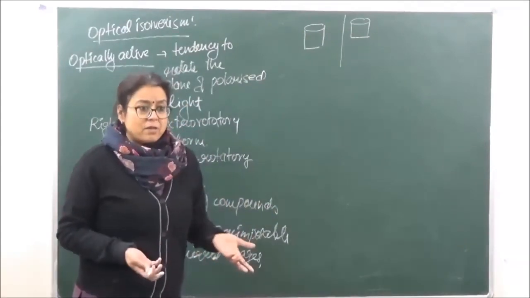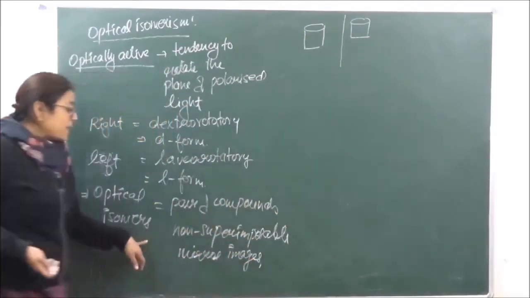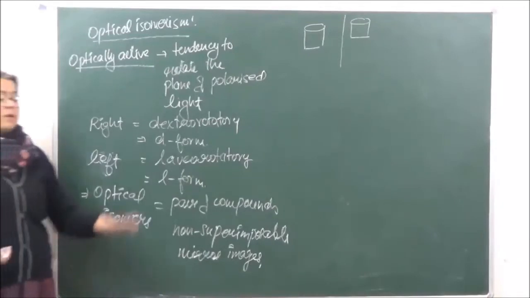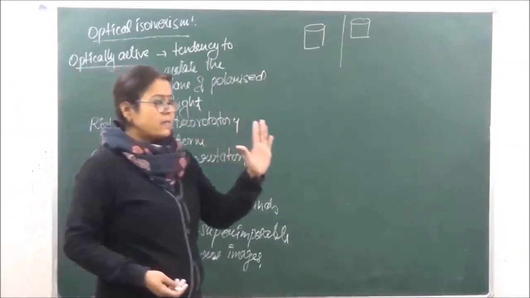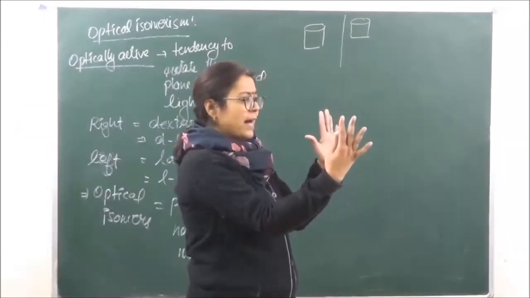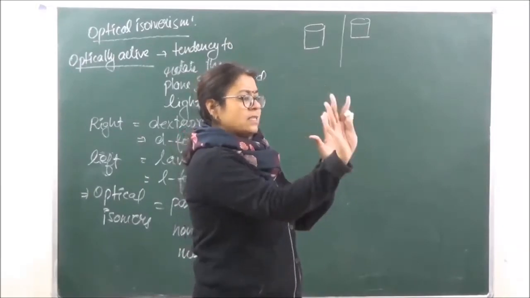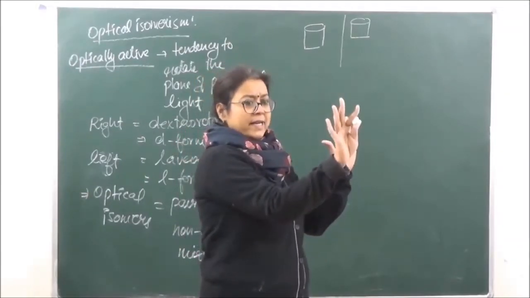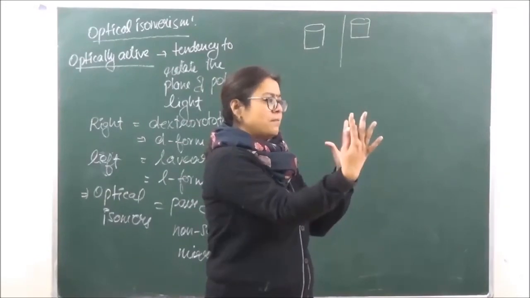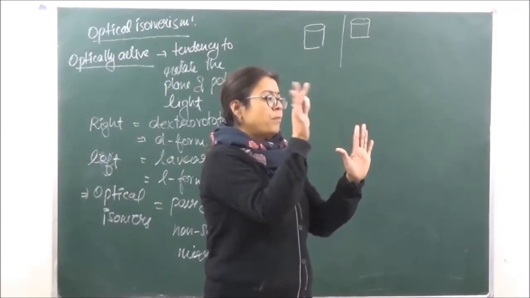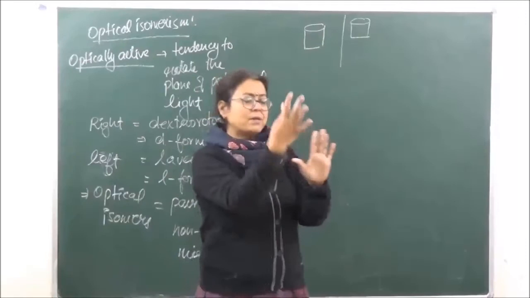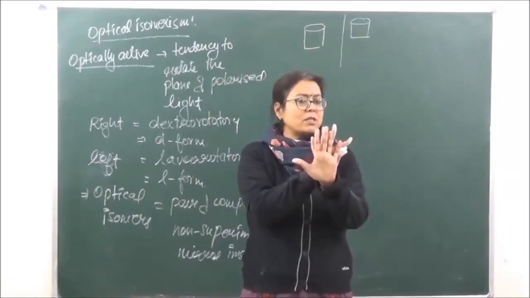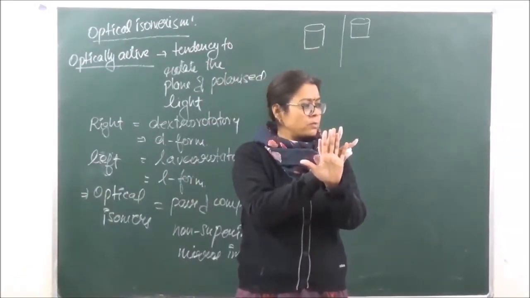optically inactive. Now, a pair of compounds which are non-superimposable, like our hand: this is the image of the hand which we will see. If we place it on the hand, the thumb does not come on the thumb, so this is non-superimposable.